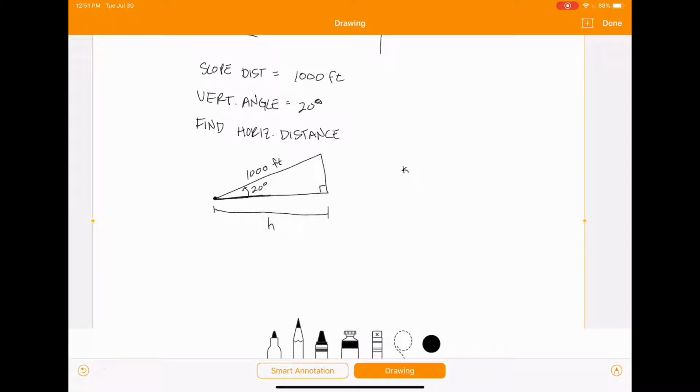So if we know our adjacent and hypotenuse, then we want to use cosine of our angle, which is going to be equal to adjacent over hypotenuse. So cosine of 20 degrees equals h over 1,000 feet. You multiply both sides by 1,000.